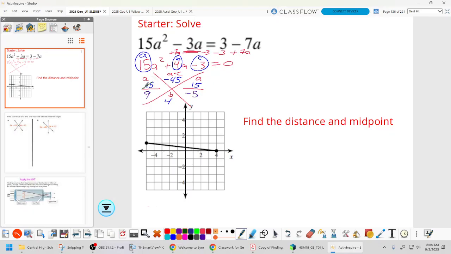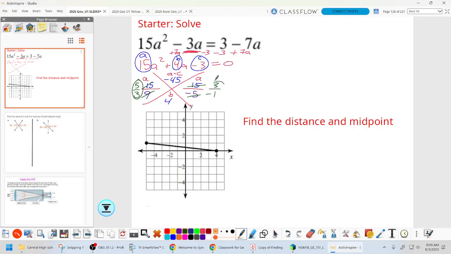Okay, now we need to simplify these sides if possible, and they both do simplify. So what goes into both 15 and 9? 3 does, so we have 5 and 3. On that side, what goes into both 15 and 5? Okay, so we get 15 divided by 5 is 3, and negative 5 divided by 5 is negative 1.